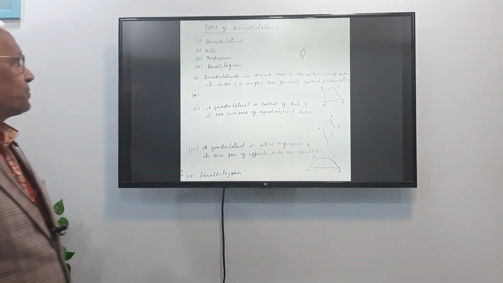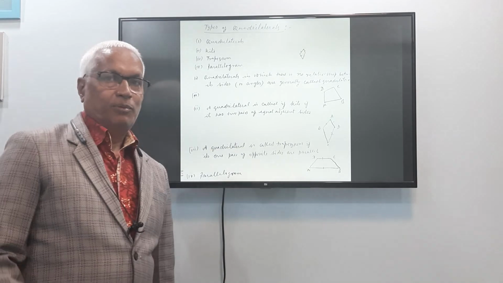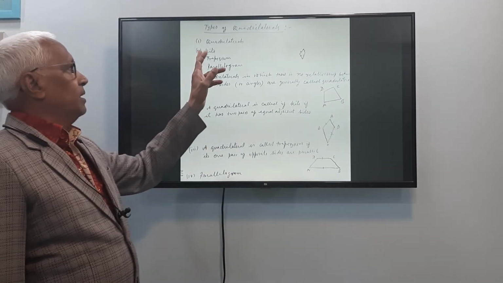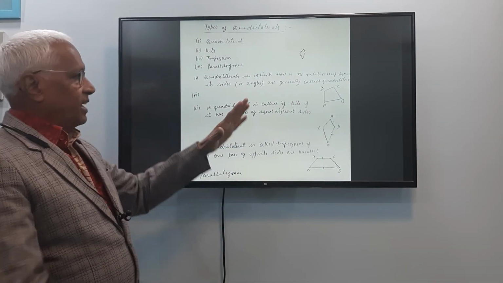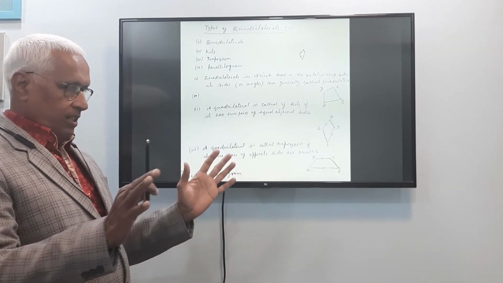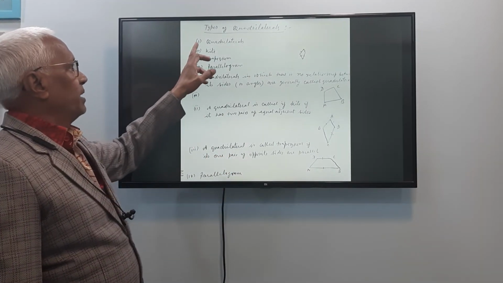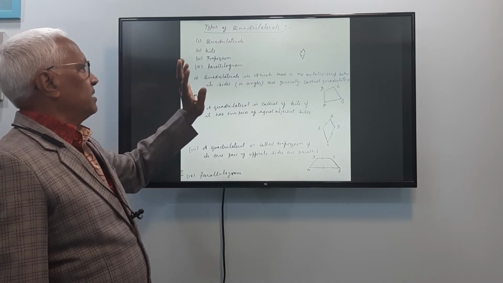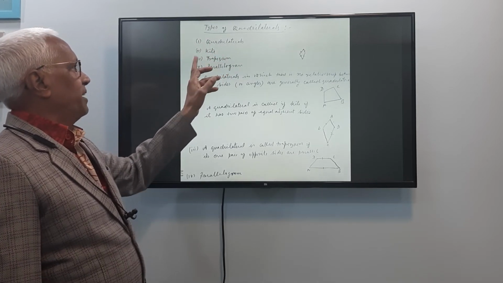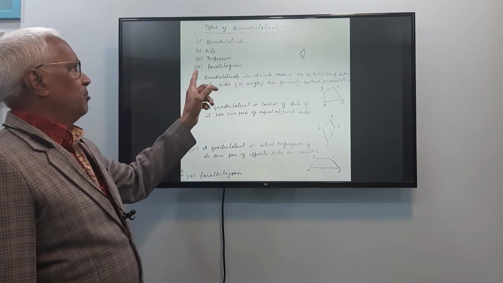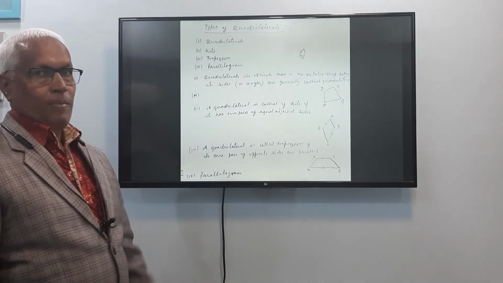Next is types of quadrilateral. We can categorize all quadrilaterals in 4 types. Number 1, quadrilaterals. Number 2, kite. Number 3, trapezium. Number 4, parallelogram.